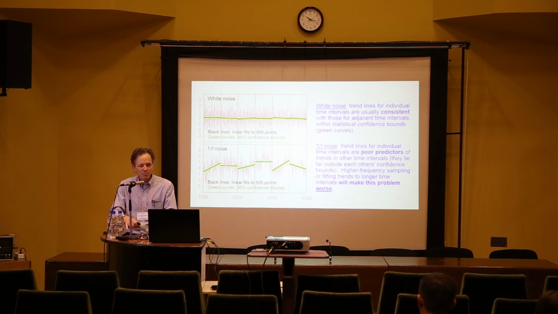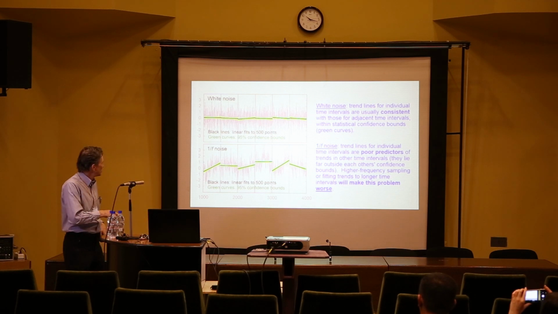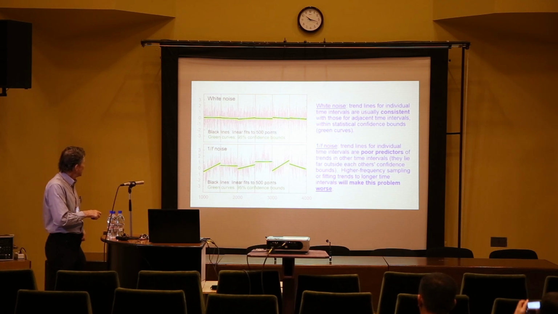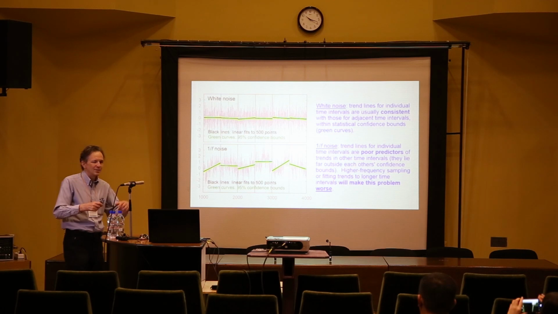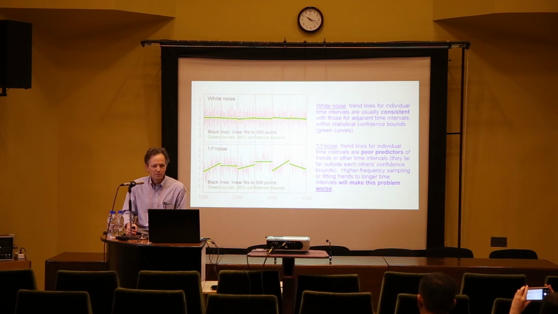If I do the same thing with 1 over F noise, those trend lines that we estimate in each time interval are very poor predictors of what the trend looks like in the next time interval.